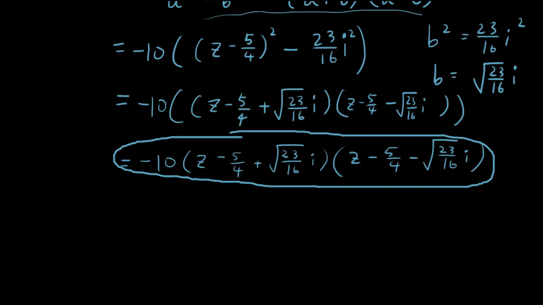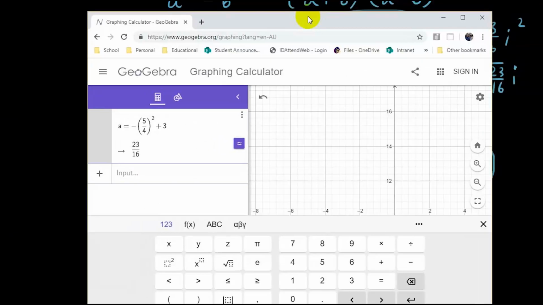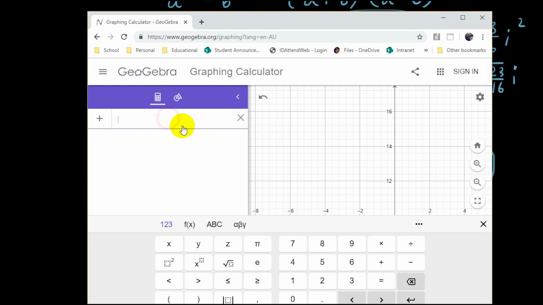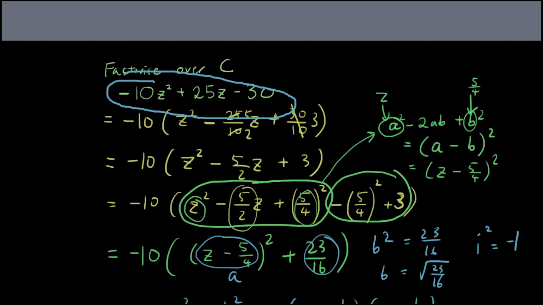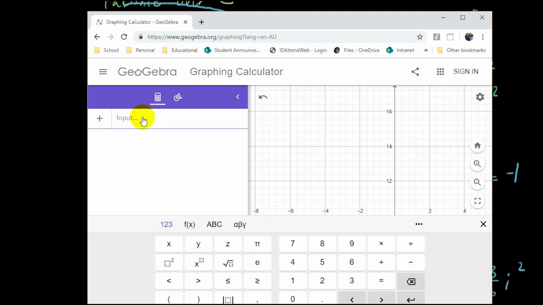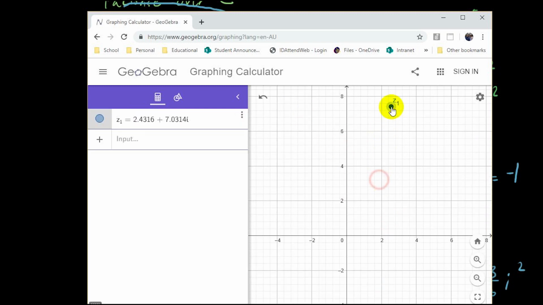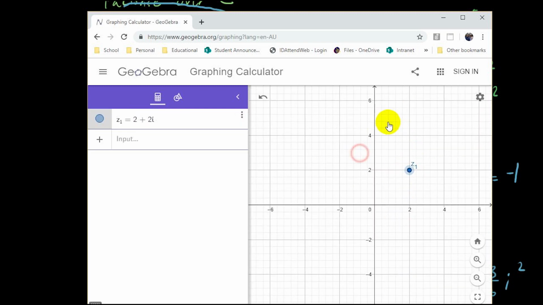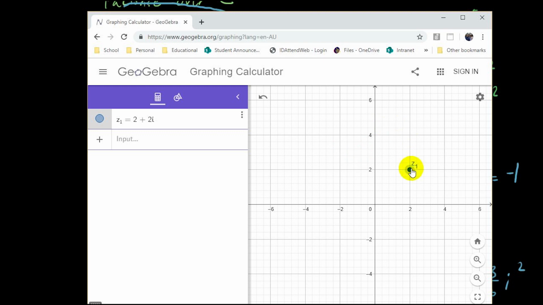So the way you would check that using the GeoGebra calculator is you're going to type a complex number, just any complex number. So let's just put in 2 plus 3i, and make sure you can see it on your graph. It doesn't matter what it is right now, you can drag it around.